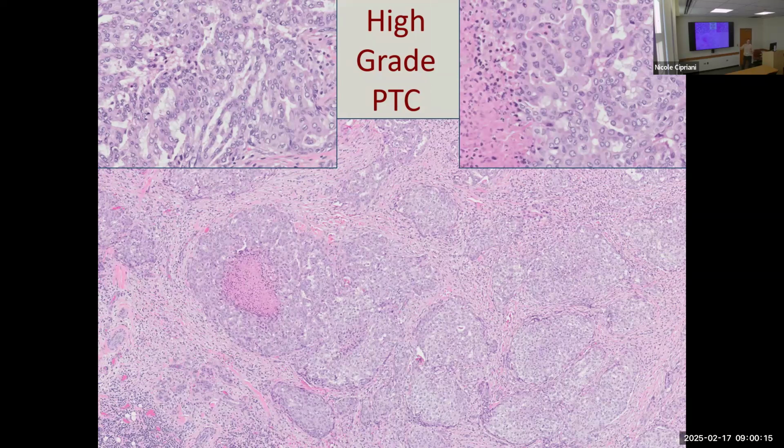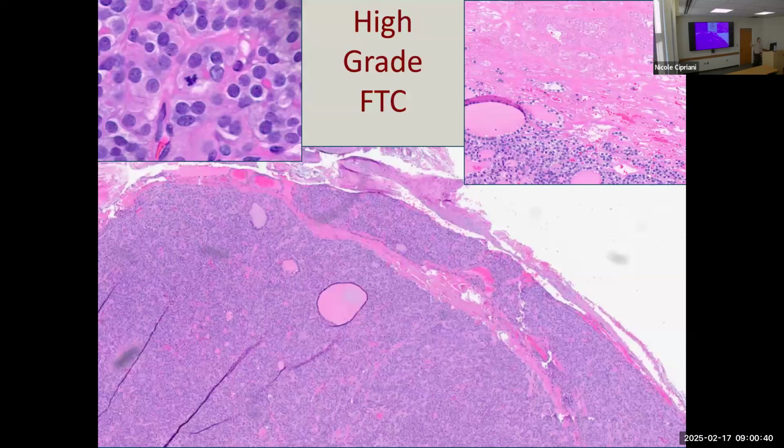The counterpart of that on a PTC background is this so-called high-grade PTC, right? Where you can have solid growth, you have mitoses and necrosis, but you still maintain the quote-unquote papillary-like nuclei. Still, this behaves worse than conventional PTCs or FTCs. So the subtleties notwithstanding, mitoses, necrosis.